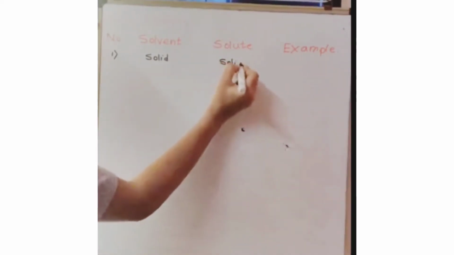So here I am talking about the mixture of two solids as a solute and a solvent. What will be the solution? An example is alloys like brass, bronze, copper. But a basic example, let me tell you, in day-to-day life, हम लोग ये पहनते हैं, like rings पहनते हैं. In those rings we have marble, like stones. These stones are nothing but a combination of two solids as a solute and solvent.